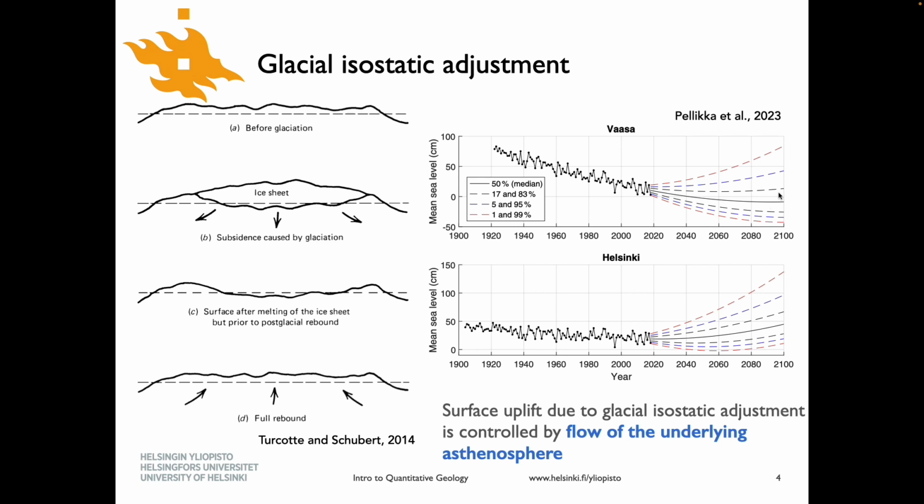If you're curious, you can find the full citation to the article at the end of the slides, which I'll put on the course page. It just seemed like an interesting example showing that with glacial isostatic adjustment, a big concern in a lot of places is how sea level rise is going to affect things. If you live in Vaasa, perhaps you're not too worried about it, at least for the next 80 years.